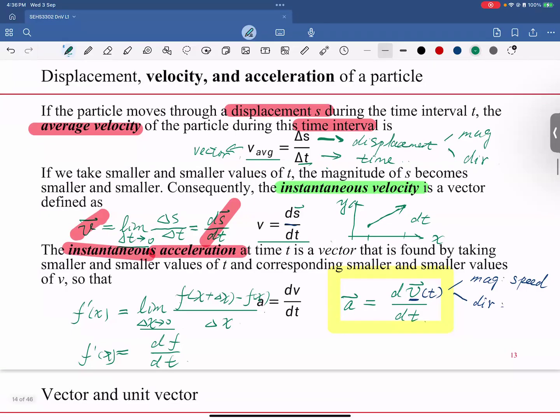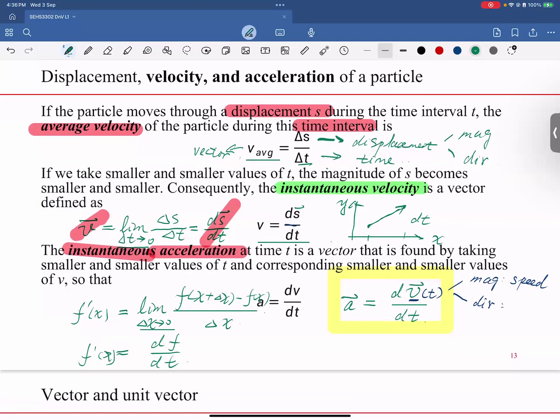But for the velocity change, it can be like this. At the beginning, its velocity maybe looks like this.